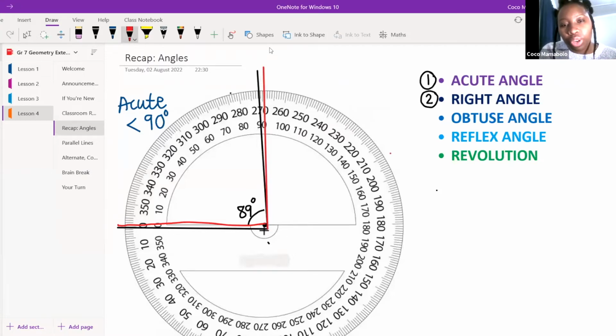And instead of drawing a half circle like I did with Jiria's 89 degrees, what can I draw in the middle to show that I've got a 90-degree angle? Guys, help him out in the chat. Who knows? What can I draw to show that something is a 90-degree angle? Check in the chat, Ayanda, quickly.